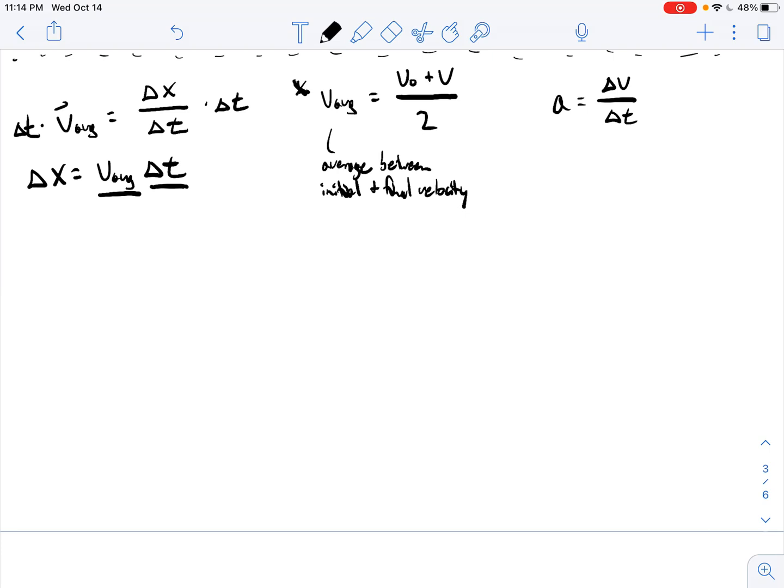In this case, we are going to isolate our delta t, our change in time. By solving for delta t, we have change in velocity over our acceleration. And we know anytime we have a change, we have final minus initial. So we're going to have final velocity minus initial velocity divided by a.